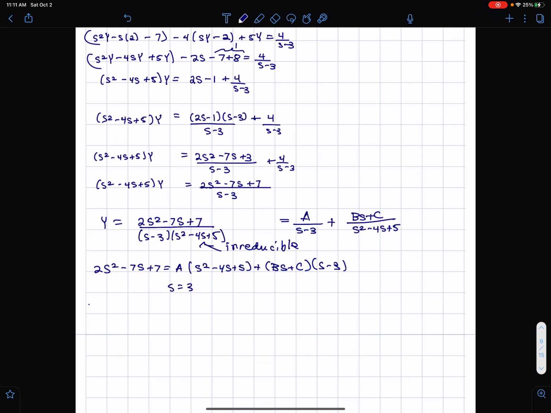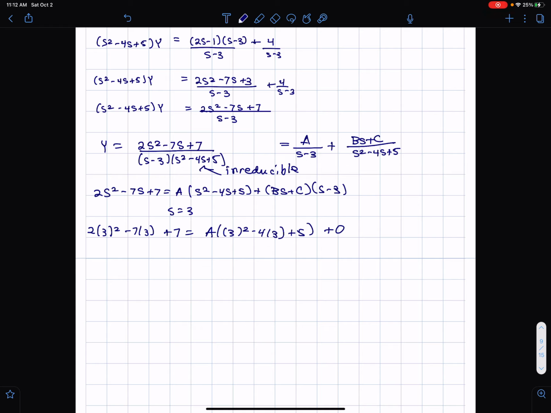Put in s equals 3 and you get 2 times 3 squared minus 7 times 3 plus 7 equals A times (3 squared minus 4 times 3 plus 5). And so the s minus 3, that's 3 minus 3, just kills everything over there. That makes 0. So this makes 2 times 9 is 18, minus 7 times 3, so it's 18 minus 21.